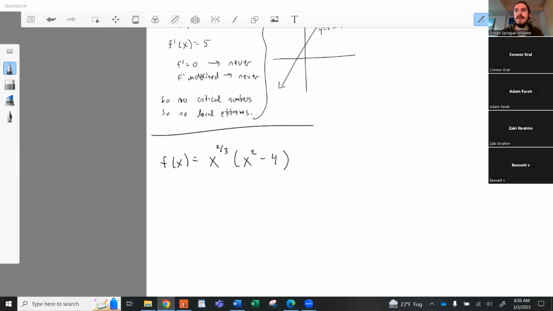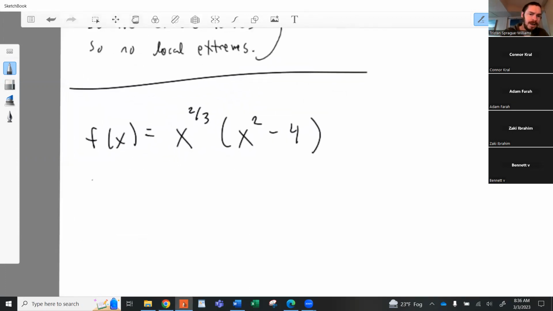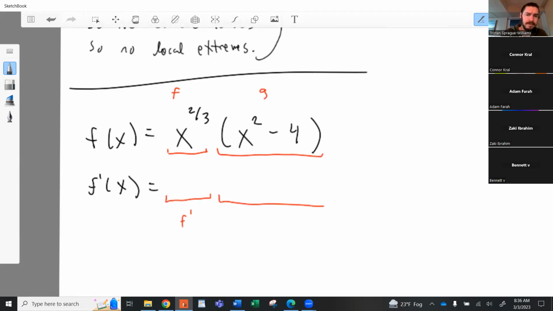Oh yeah, it's going to be totally fine. All right, well, let's take a derivative first of all. This is a product of 2 functions situation. This is an f and a g, right? So what we're going to want to do here is f prime times g, and then add an f times g prime. So in other words, we're using the product rule.